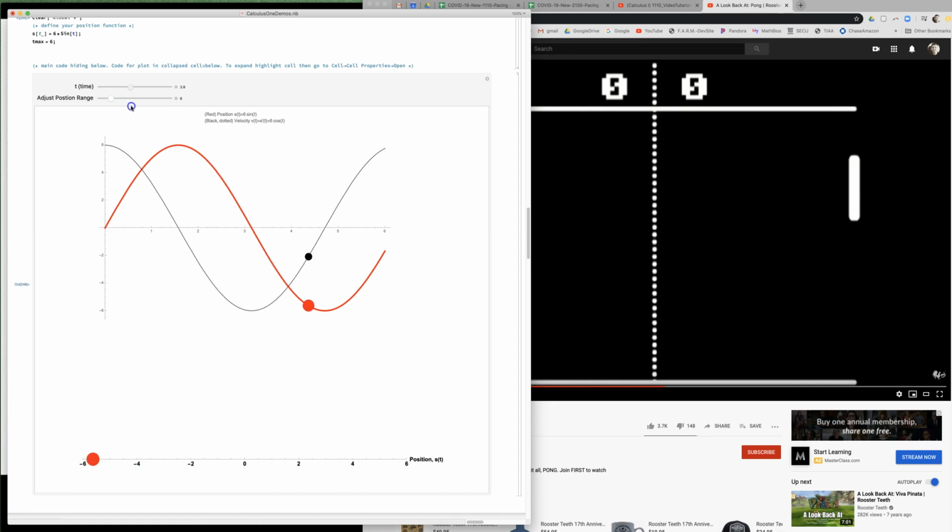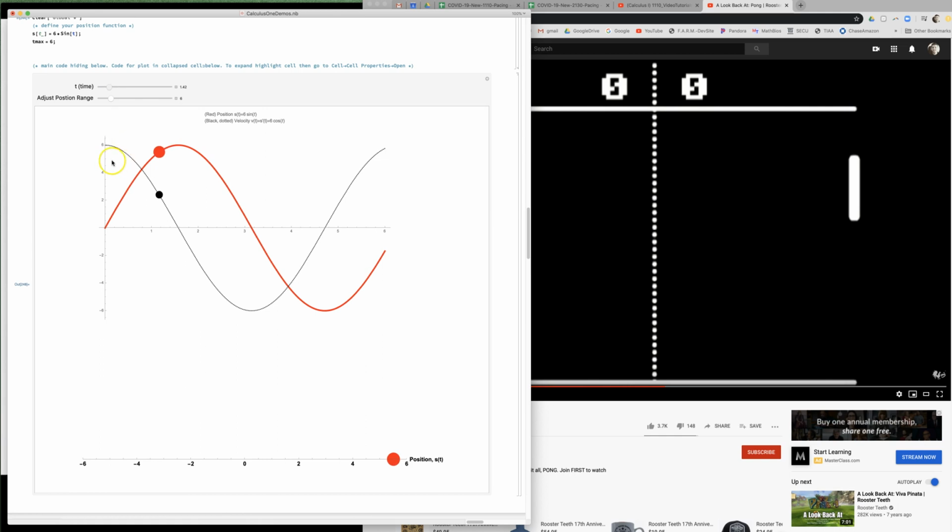And then at some point we are the farthest to the left we can be, at -6, and then the Pong paddle moves back to the right. Okay, but still negative. So one thing we need to see is that as we play this, we have an object moving left and right according to the position function, 6 sine of t.